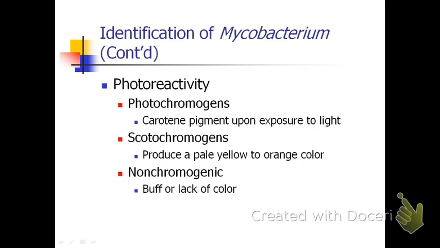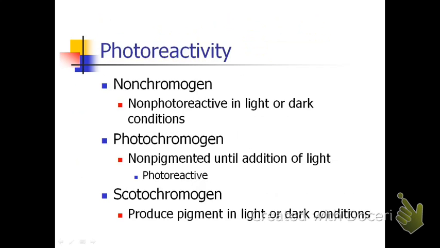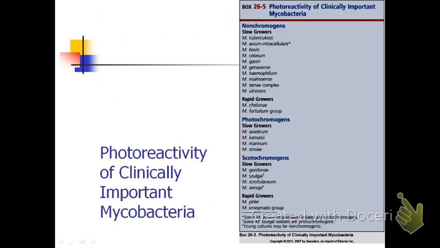So these are the summary of the different classifications of mycobacterium according to photoreactivity. And this would be the different classifications. So take note, slow growers are usually pathogenic.